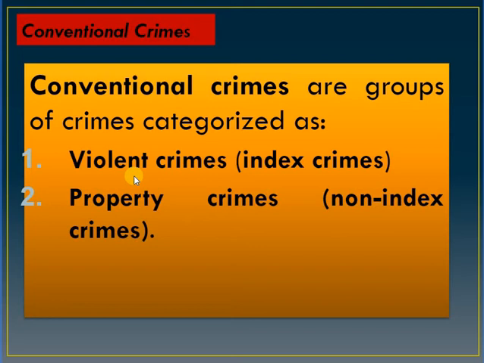Violent crimes or what we call index crimes. When we say property crimes, these are the non-index crimes. It means the violence happens on the things, not on the person. Let's elaborate on that.